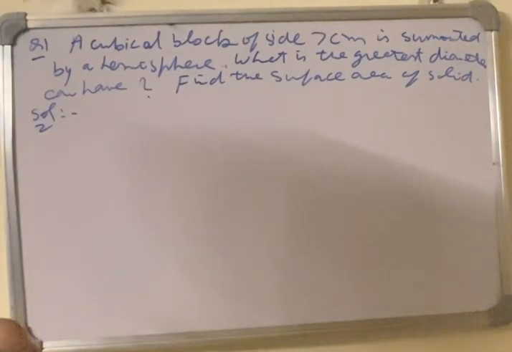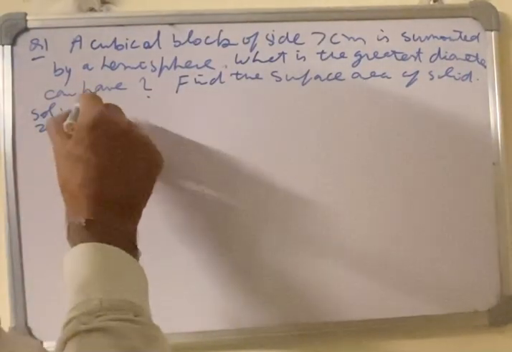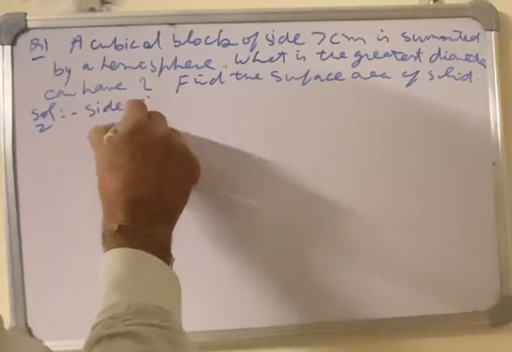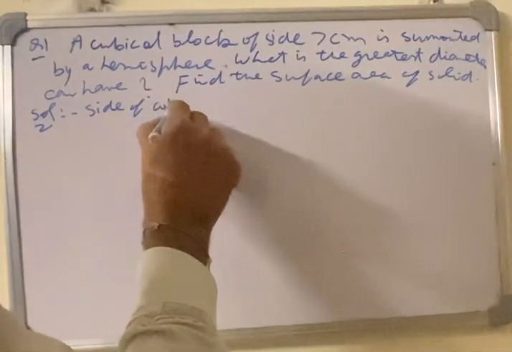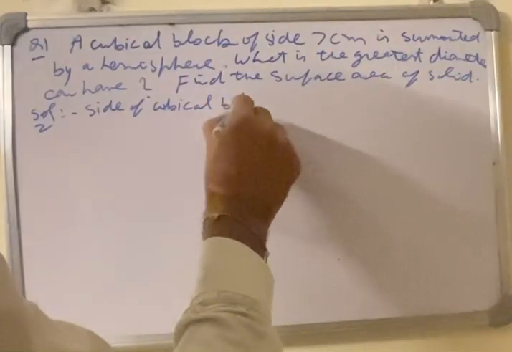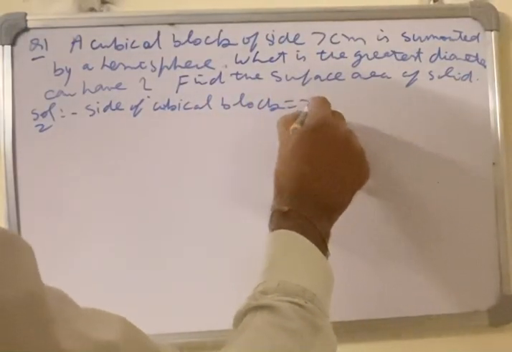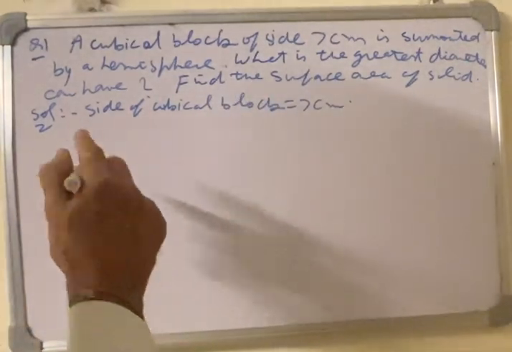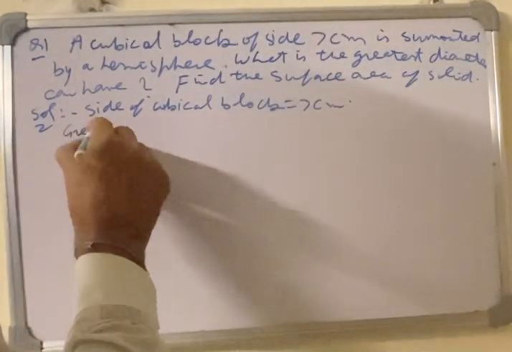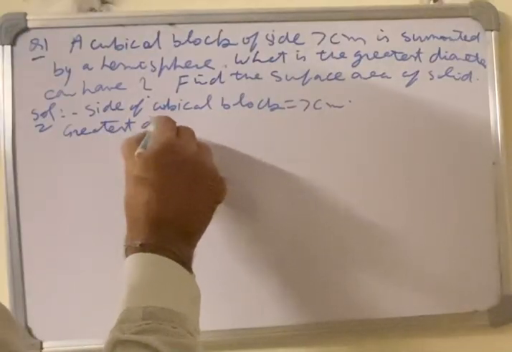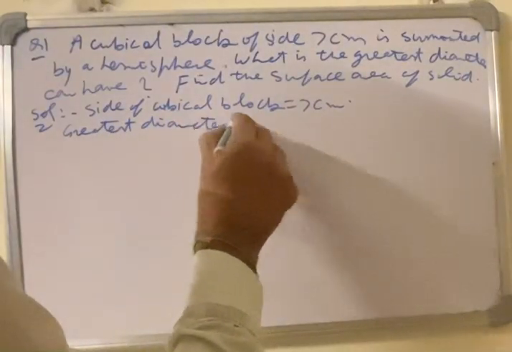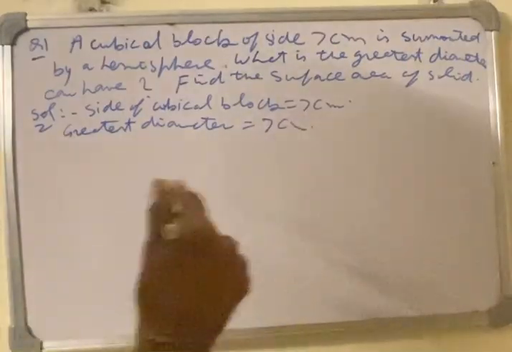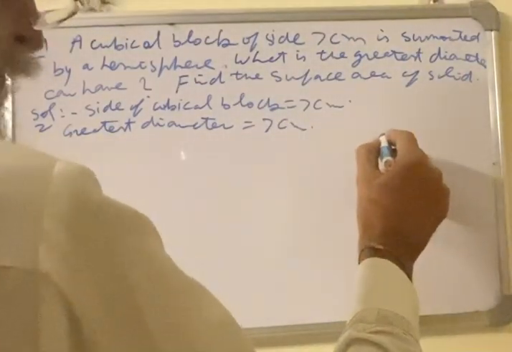Side of cubical block is 7 centimeter. Now because it is surmounted by a hemisphere, the greatest diameter will be equal to the side of the cubical block, which is 7 centimeter. So this is a cube.